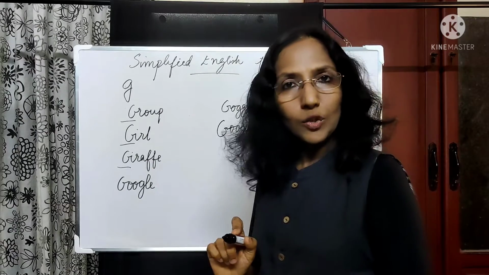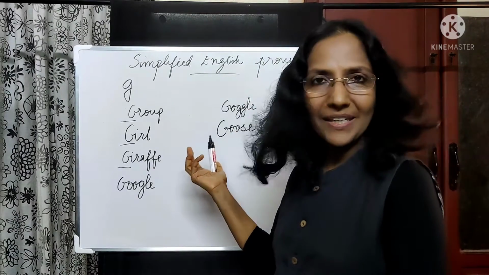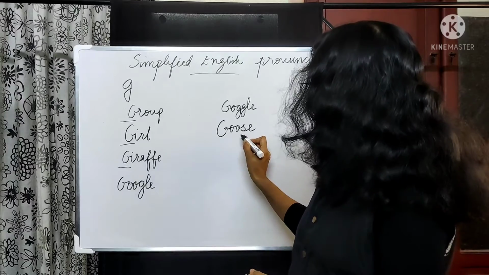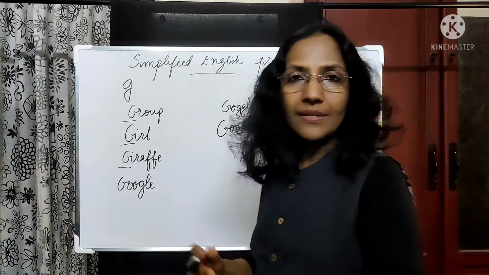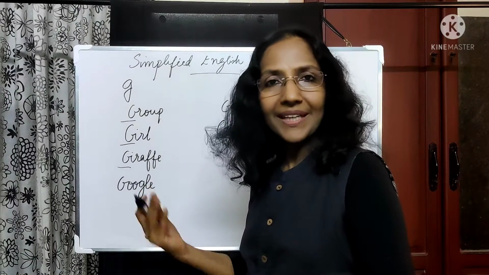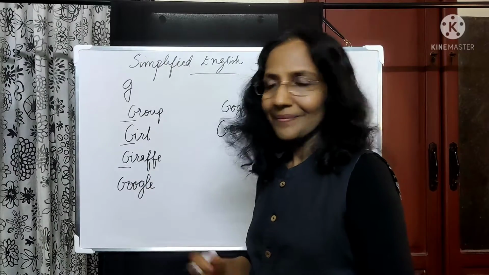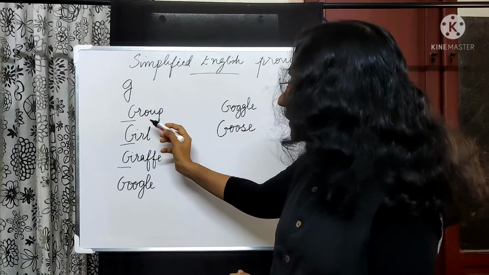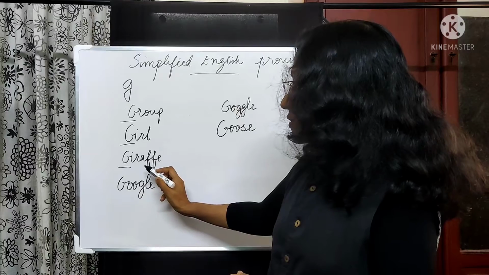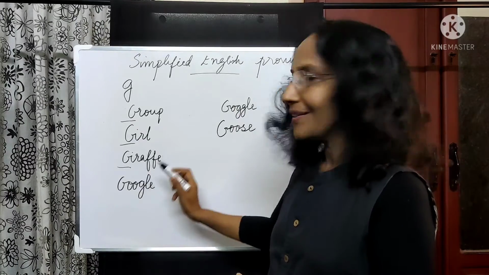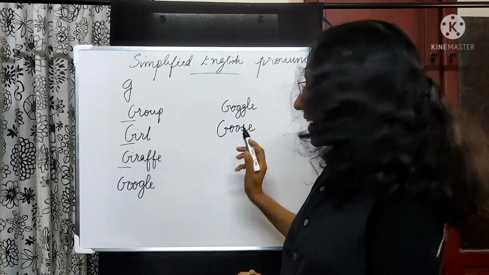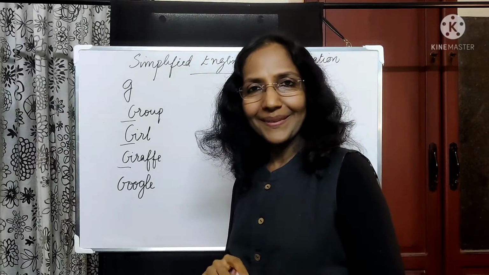The word is goose. Okay, I made it in capital letter. And these are the words that are representing the phoneme G, as in group, girl, giraffe, Google, goggle, goose.